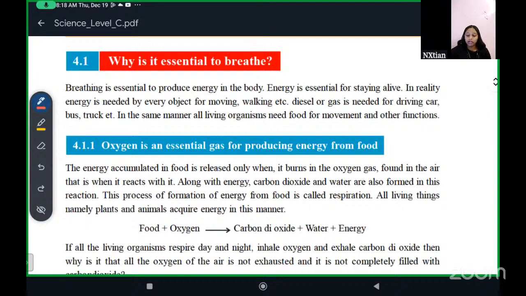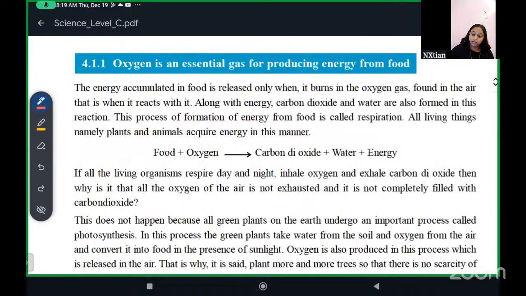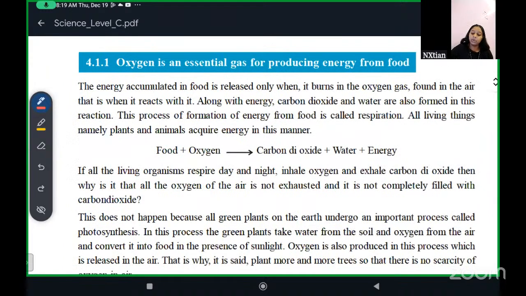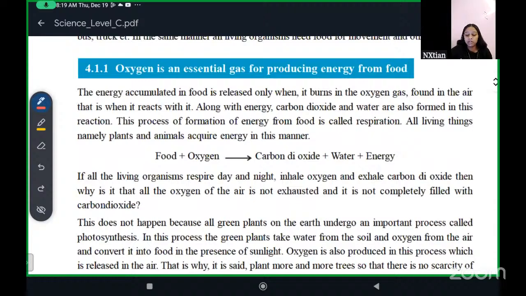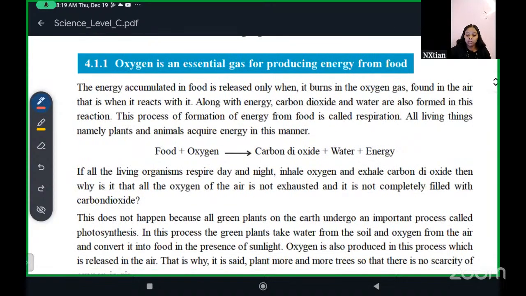Now breathing, basically the breathing process that we do, is to produce energy in our body. And we know that energy is important to stay alive. Oxygen is an important gas for producing energy from food.